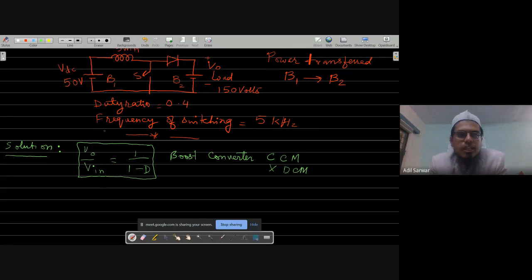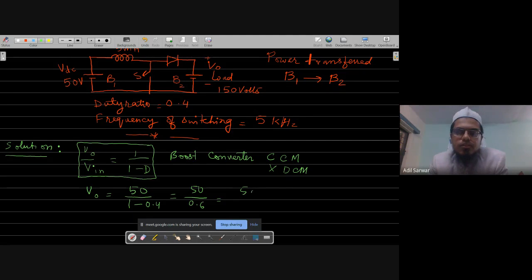Okay, you could see that input voltage is given, output voltage is also given, and duty ratio is also mentioned. So more information is given than what we actually require. So just try to find out the output voltage, keeping the duty ratio 0.4 as given. So Vin is 50, and this is divided by (1 - 0.4), so 50 divided by 0.6.